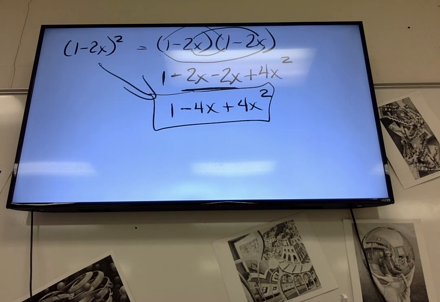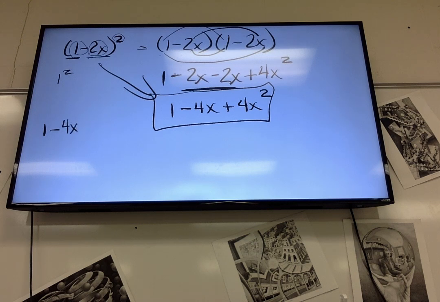Or, and what I'm going to do in class is you take the first number and you square it. 1 squared, so that's just 1. Then you multiply all of these together. So 2 times negative 2x times 1 is negative 4x.